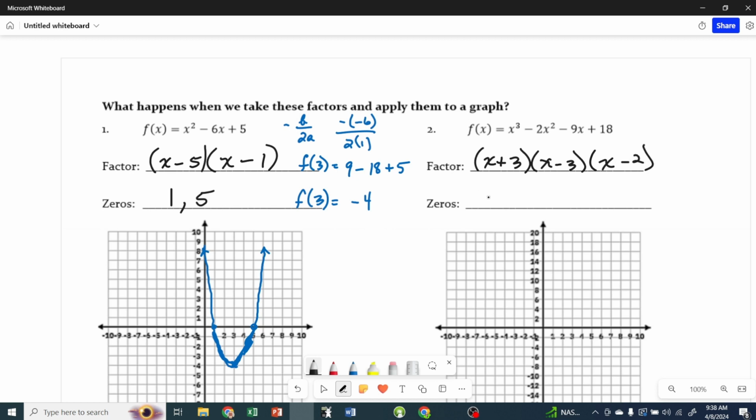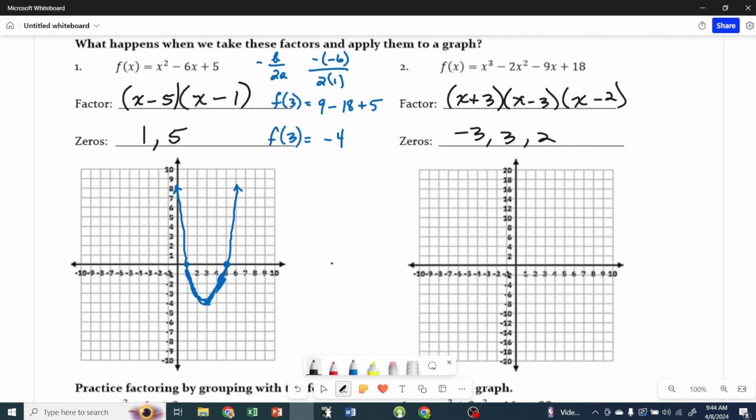And our zeros are at, excuse me, at negative 3, 3, and 2. Okay, so we've found our zeros, and we're going to go ahead and just plot those for now. So this is at negative 3, and this is going to be at 2, and this is going to be at 3.